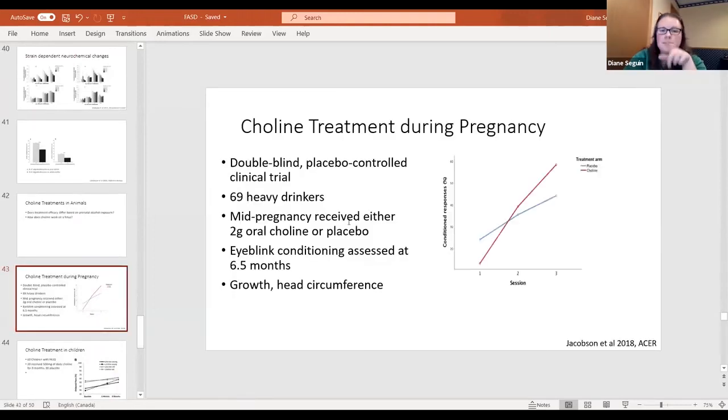They did choline, this was a double-blind placebo-controlled clinical trial for humans with choline. They took 69 heavy drinkers, and in the middle of pregnancy, they gave them either oral choline or placebo, and they used eyeblink conditioning, which is a habituation task. What they found is that there's much better responding for the children who had the choline supplementation in pregnancy compared to those who didn't.